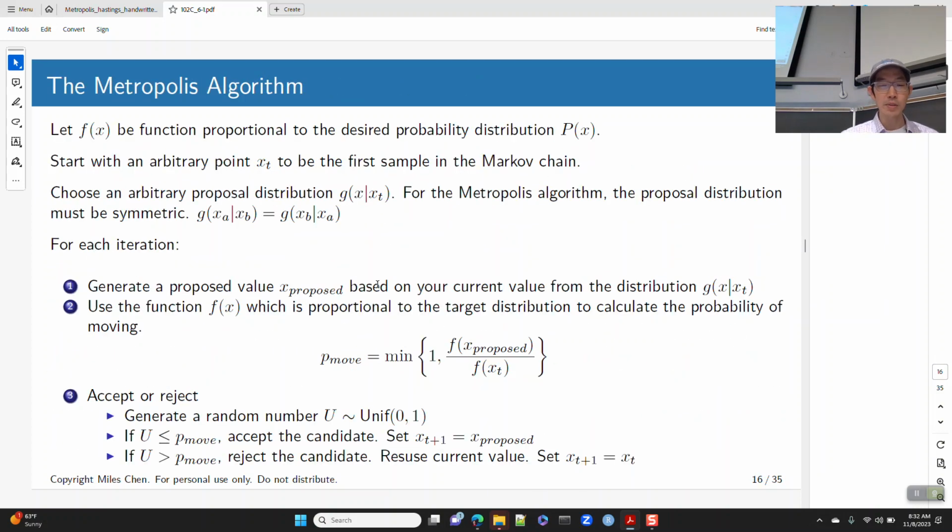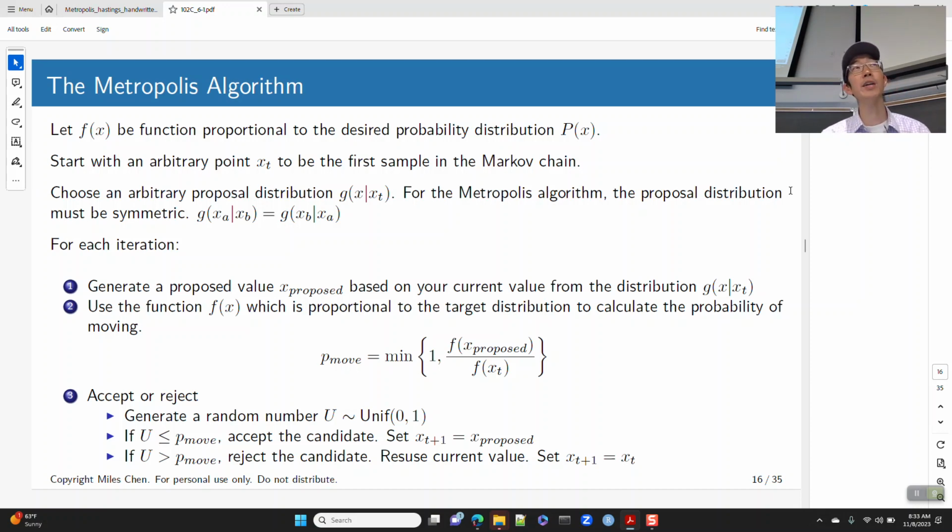Okay, so going back to this Metropolis algorithm, we're going to say we have some kind of function f that is proportional to the desired probability distribution P of X, and we're going to start at some arbitrary location, X at time t, and we'll let that be the first sample in our Markov chain.